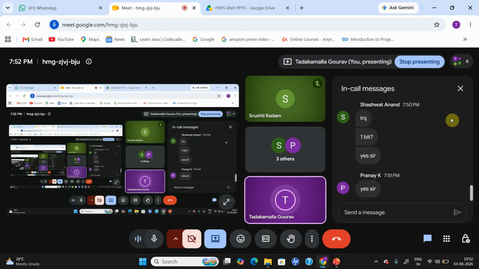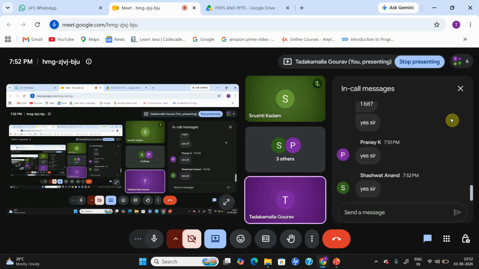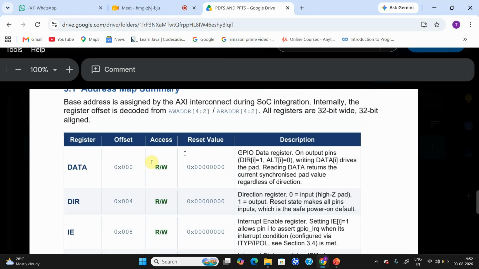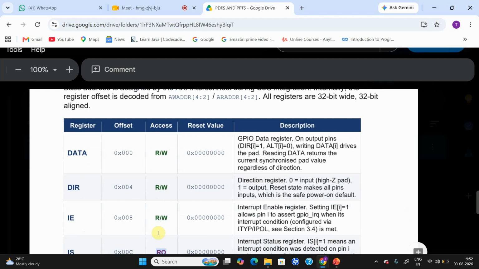Up to the interrupt status register, things are clear? Great. So you can see over here, the data register is read write, the direction register is read write, and interrupt enable is read write.